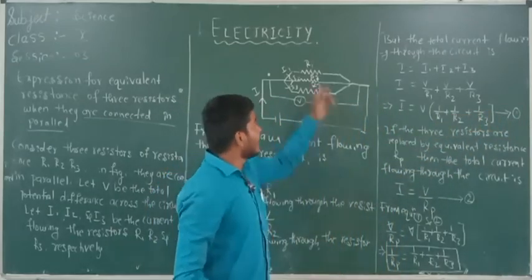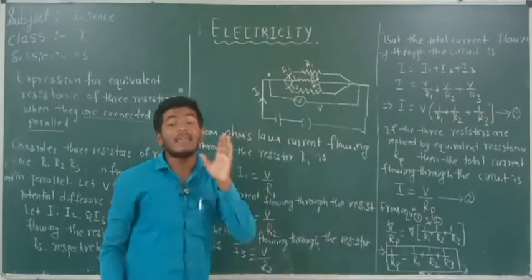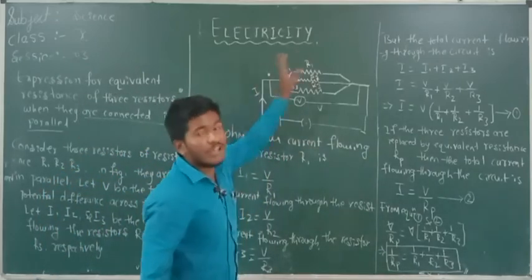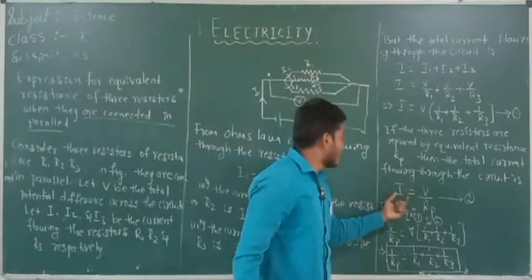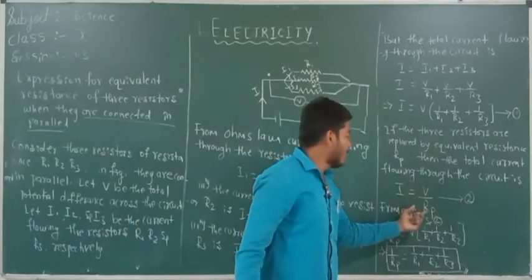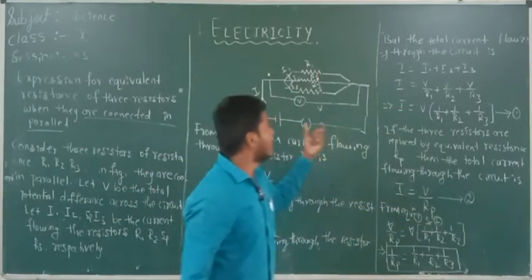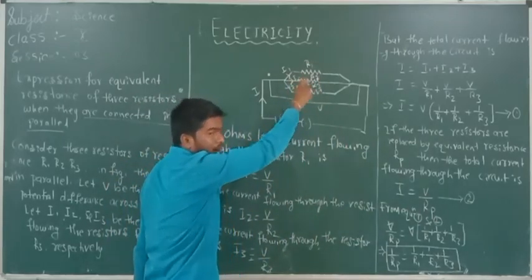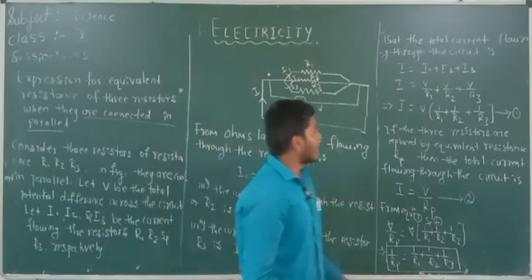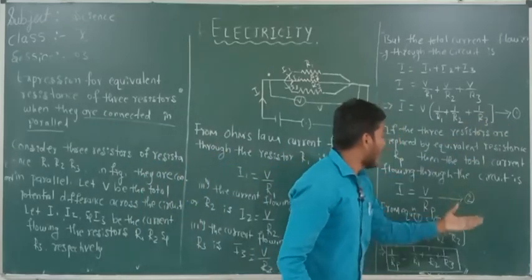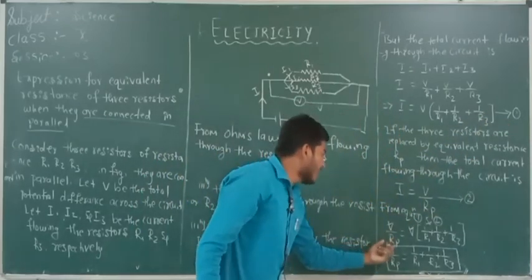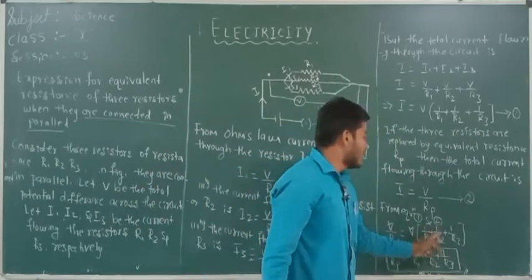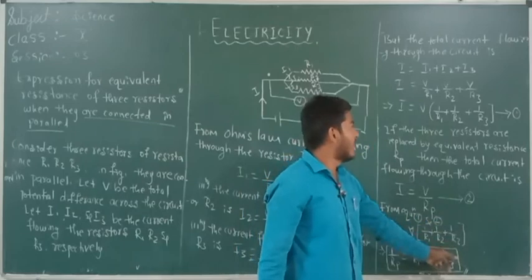If the three resistors are replaced by the equivalent resistance Rp, then the total current flowing through the circuit I is equal to V divided by Rp. Rp represents the equivalent resistance of three resistors when they are connected in parallel. Comparing equation number 1 and 2, we get V divided by Rp is equal to V into 1 divided by R1 plus 1 divided by R2 plus 1 divided by R3.